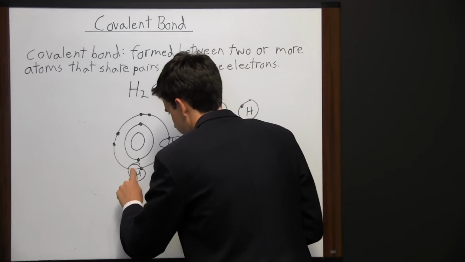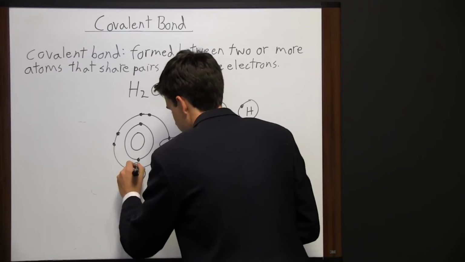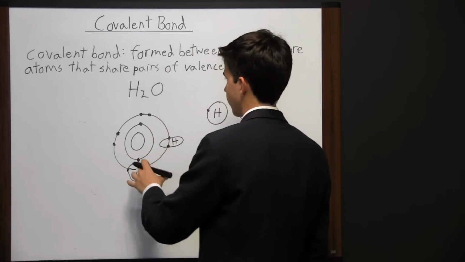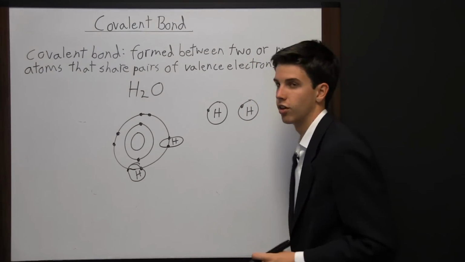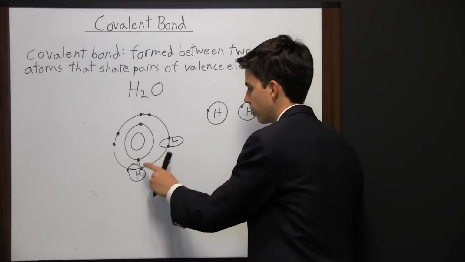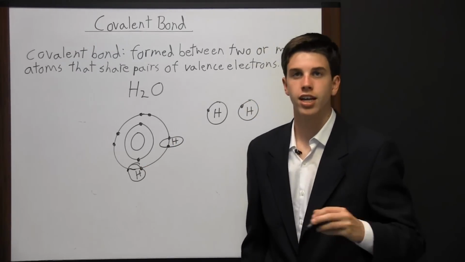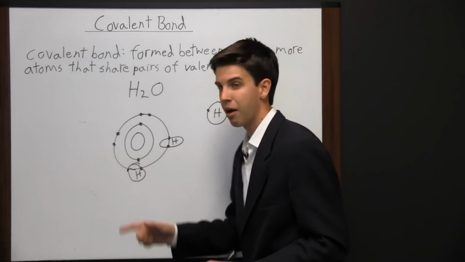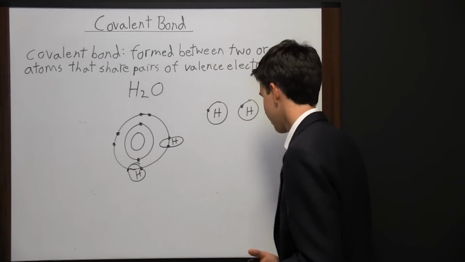And what's happening is hydrogen and oxygen are sharing these valence electrons so that both of their outer shells are filled. And then you have 2 covalent bonds here. You have one here and one here because a covalent bond is 1 pair of shared electrons. And there's a pair of shared electrons here and a pair of shared electrons there.